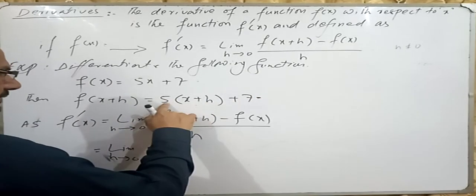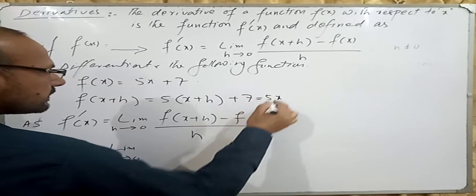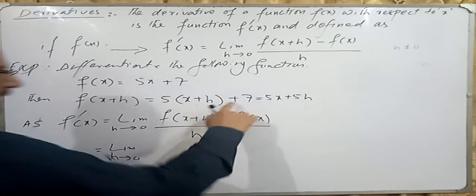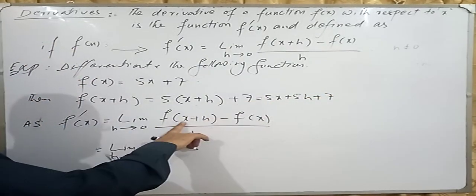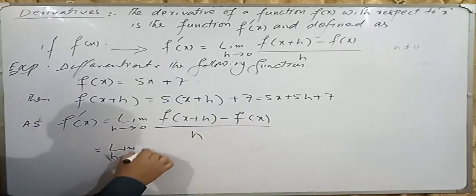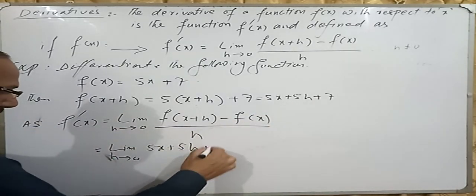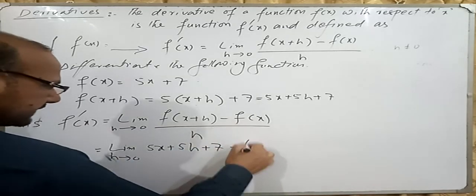We can simplify it. 5 multiplied by x, 5x, and 5 multiplied by h, so 5h, and plus 7. So we will replace this value by 5x plus 5h and plus 7 minus the value of f of x.